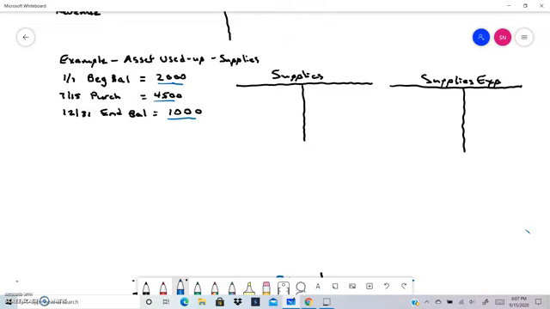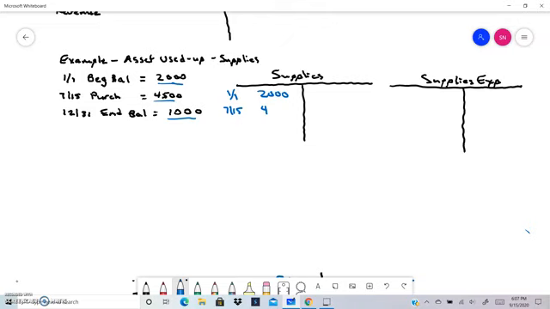So let's look at the supplies account. On January 1st, the beginning balance was $2,000, and again, this is an asset account, so that would have been a debit in the supplies account. We went ahead and made a purchase during the year. So on July 15th, we would have debited supplies and credited cash or accounts payable.